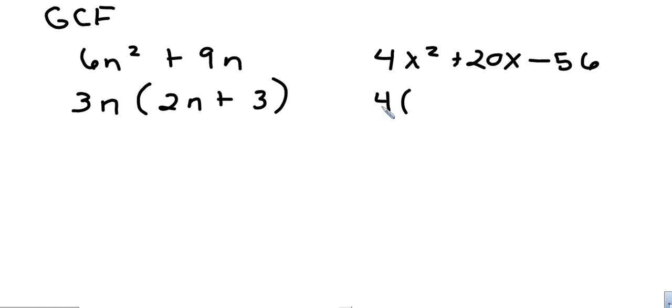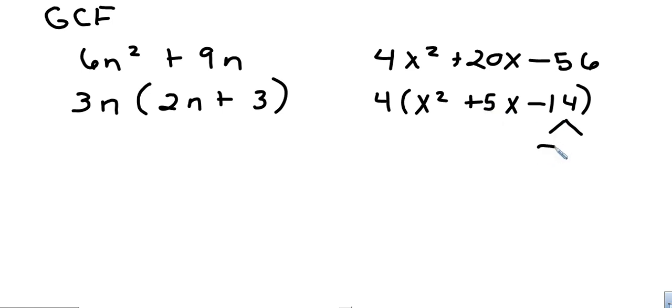4x squared divided by 4 leaves me with x squared. 20x divided by 4 leaves me with 5x, and negative 56 divided by 4 leaves me with negative 14. So I've divided out my common factor. Once I've done that, this should look very familiar to you. We're looking here at a quadratic with a equal to 1. So I'm going to look for factors of negative 14 that add up to 5.